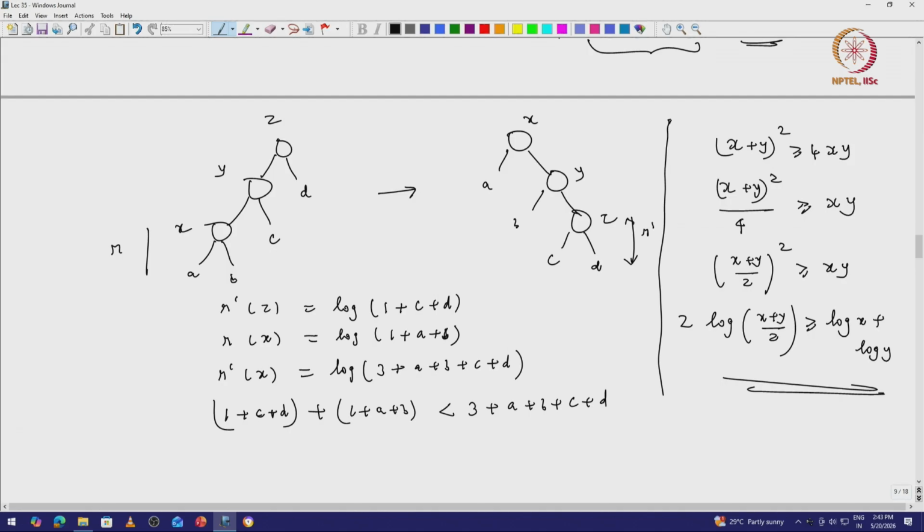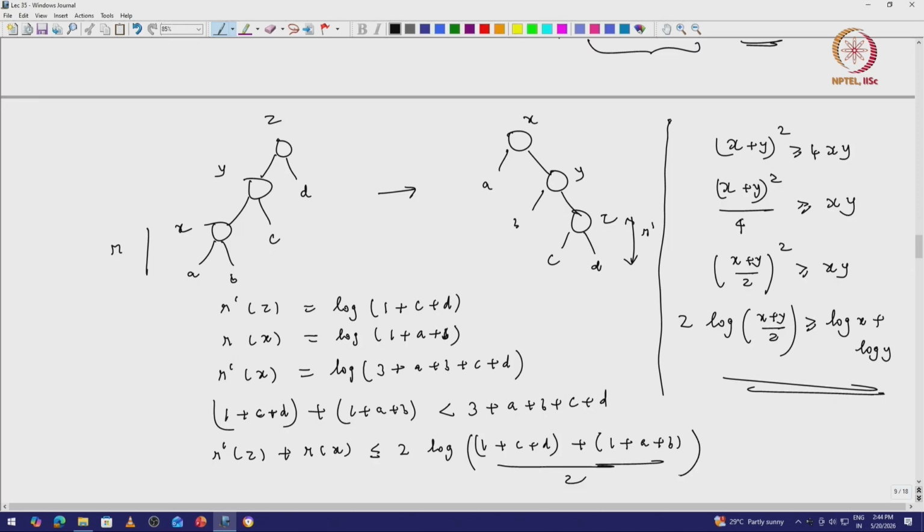So, r dash z plus r of x is less than or equal to 2 times log of the sum of these two divided by 2, because r dash of z is log of 1 plus c plus d and r of x is log of 1 plus a plus b.